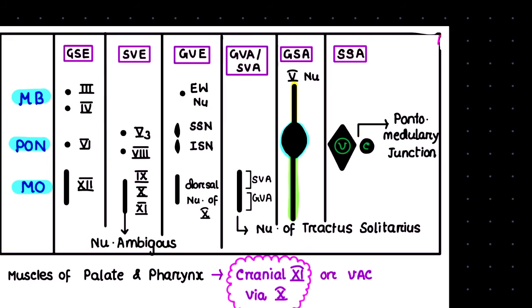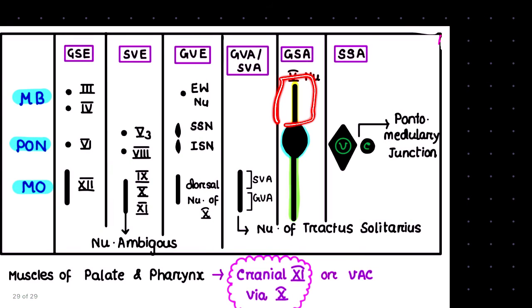This is the trigeminal nuclei overall. The upper part, close to the midbrain, is called the mesencephalic nucleus.